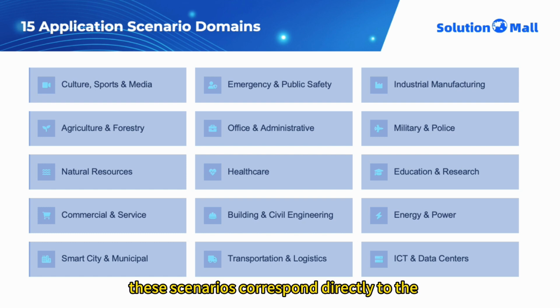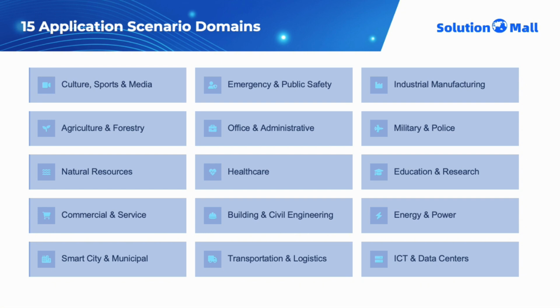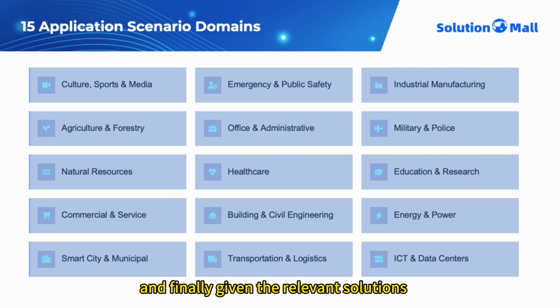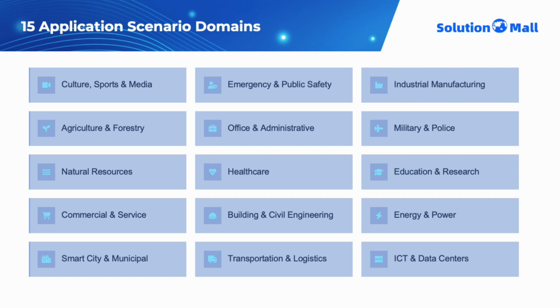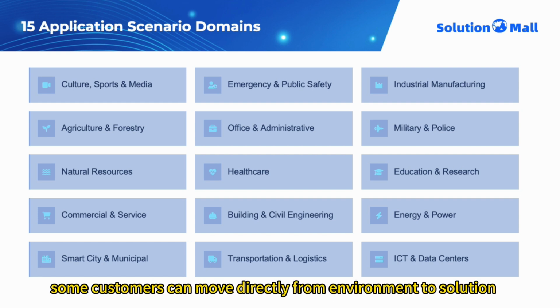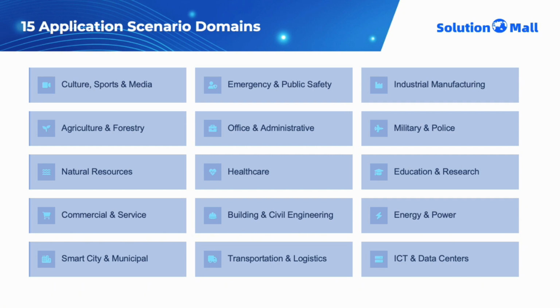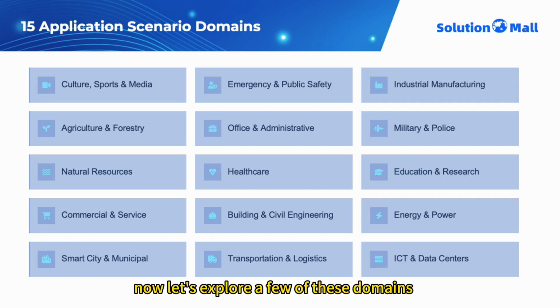These scenarios correspond directly to the environments where projects actually happen. This structure allows users to navigate naturally through three levels. First, a broad industry context, then a specific operational environment, and finally the relevant solutions. So instead of searching through products, customers can move directly from environment to solution. Now let's explore a few of these domains to see how this works in practice.